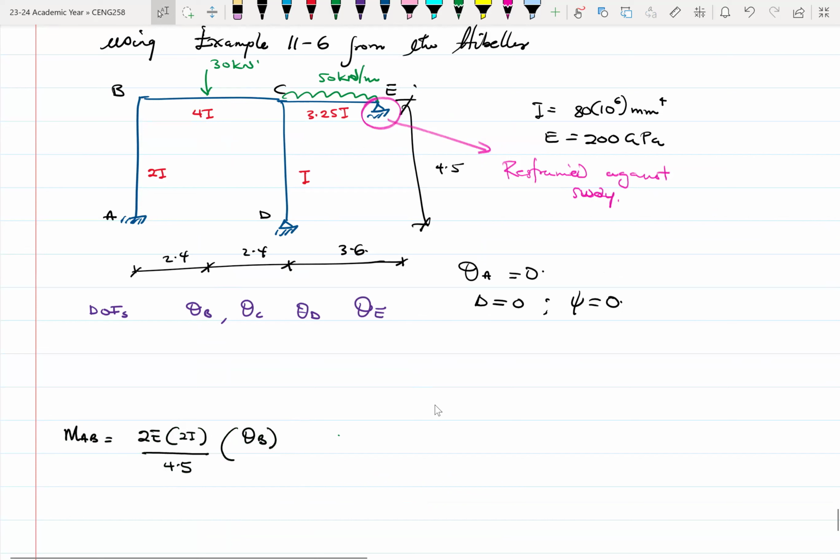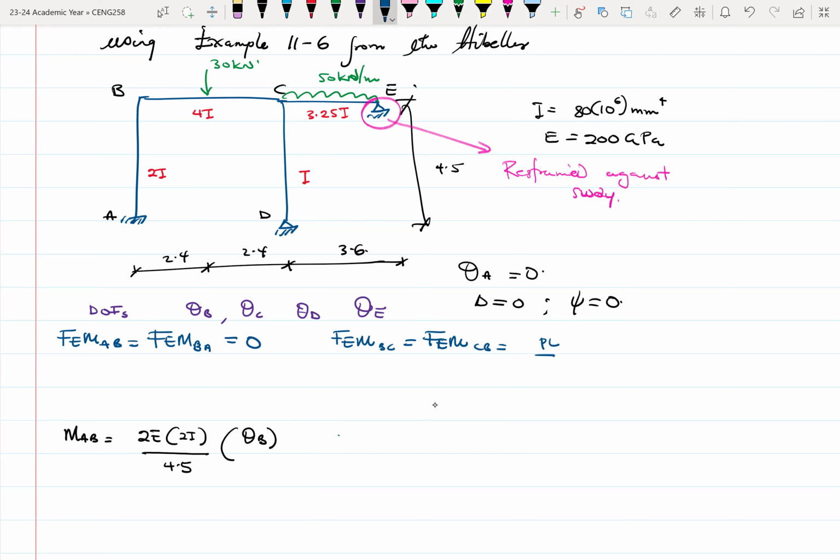Our fixed end moment AB will be equal to fixed end moment BA, and it's 0 because there's no load on member AB. For member BC, the fixed end moment at BC, the same as at CB, will be PL over 8.